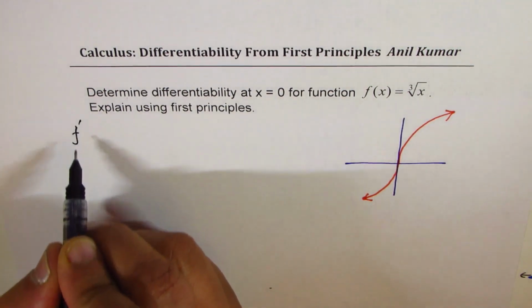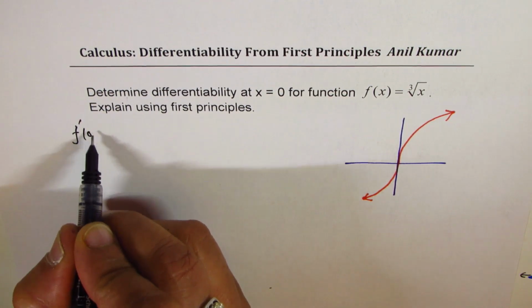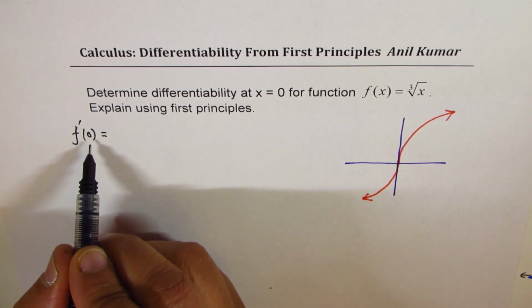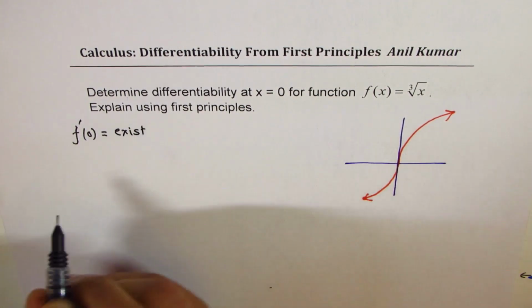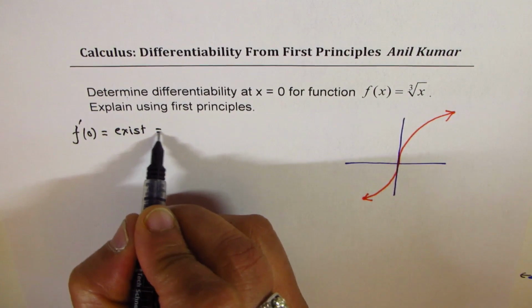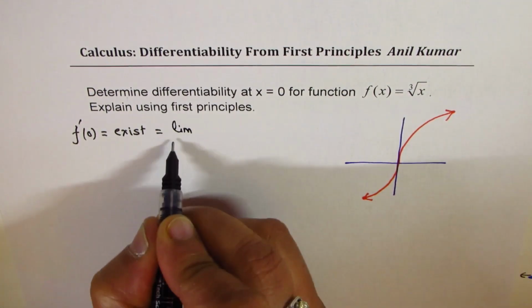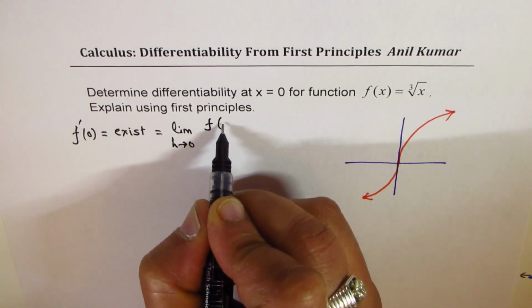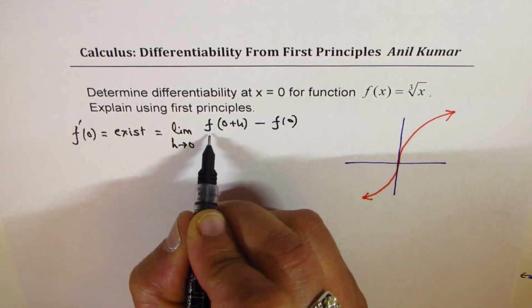Using first principle, we can write that if it is differentiable, then the derivative of f at 0 should exist, right? So this should exist. That is the whole idea. Now, its existence we check with the first principle, that is the limit h approaches 0 of f of 0 plus h minus f of 0, over h, right?